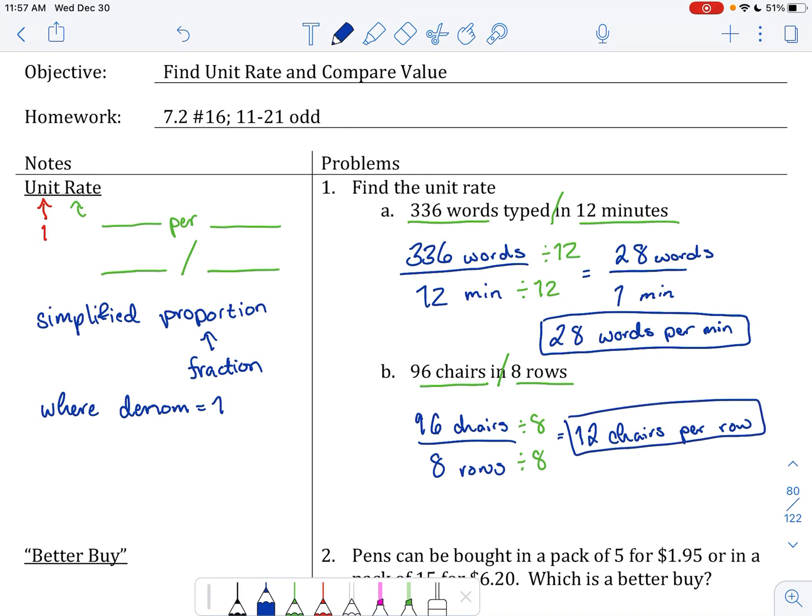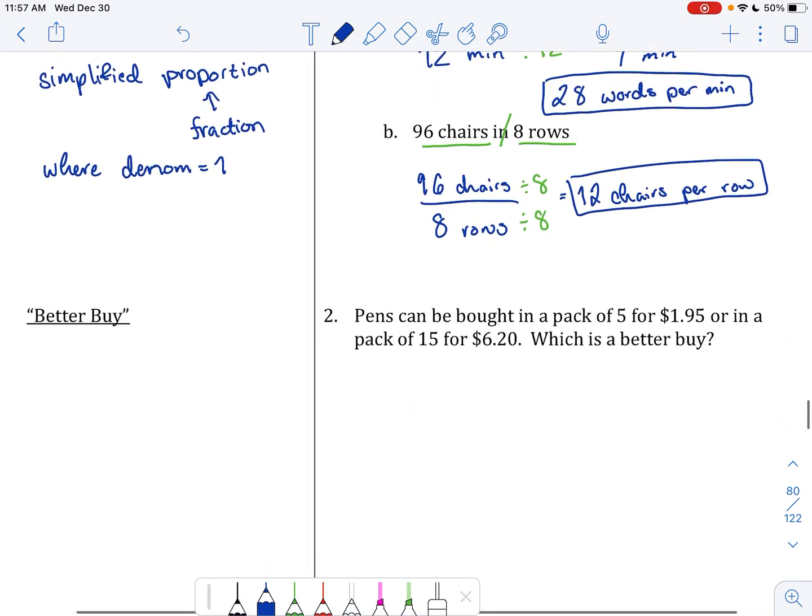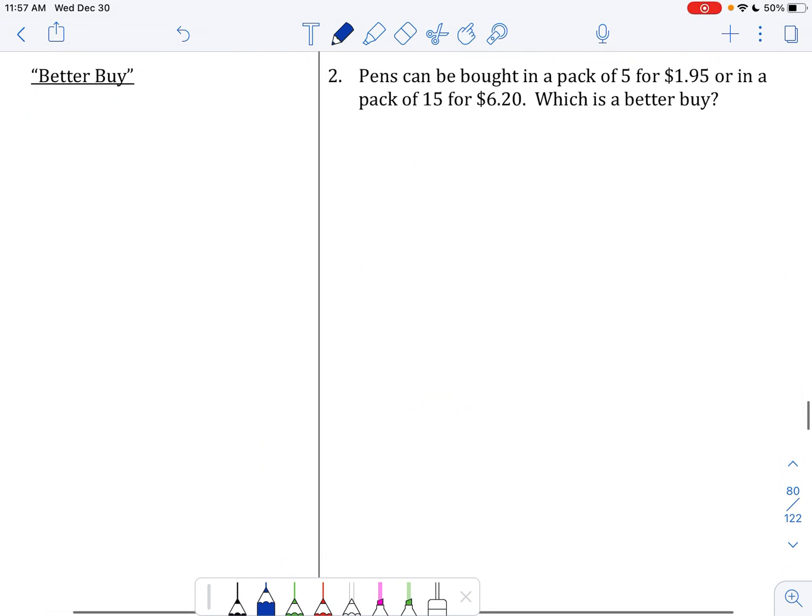Now, one thing that's really helpful in unit rate is this idea with what is a better buy or a better value. So a better buy, the idea here is that something is a better buy when the amount of money you spend is less for what you get.